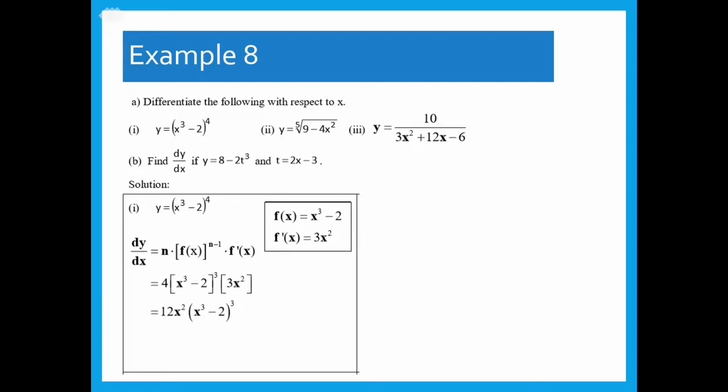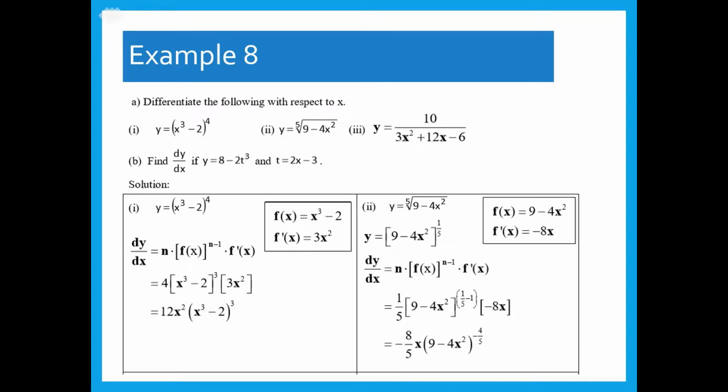Substitute into the formula of n multiply with f(x) to the power of n minus 1 multiply with f prime x and simplify, you will get the following answers.